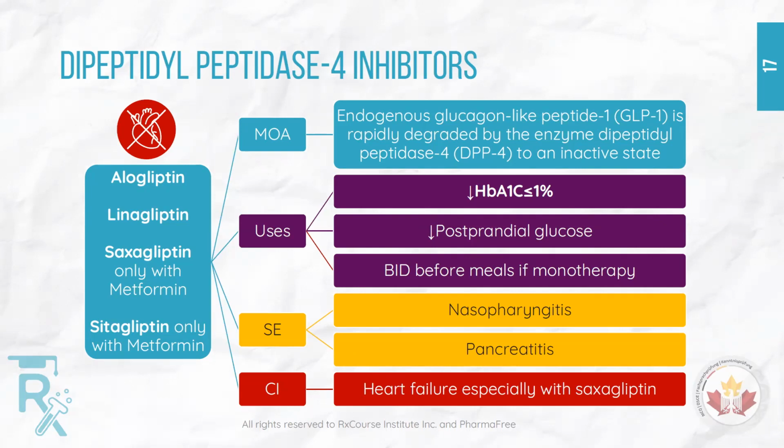So if a patient is taking sitagliptin, for example, and comes to you complaining of nausea and severe abdominal pain, you need to think about pancreatitis as the first possibility, and you need to transfer him or her to the hospital right away to be assessed.